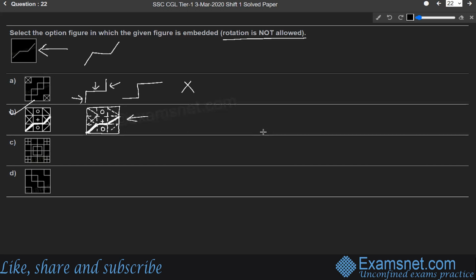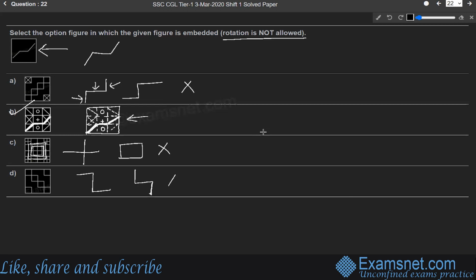But let us have a look towards the other two options also. In option C, you can see that the arrangement of all the lines is straight line. All these lines are straight line. This is also straight. This is also straight and it forms some figures. So this option is also not correct. And option D is somewhat similar to option A. You can see that the arrangements are in this form, which is not containing any slant line.